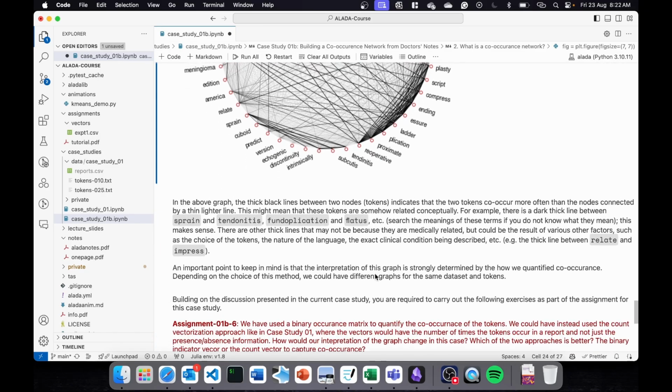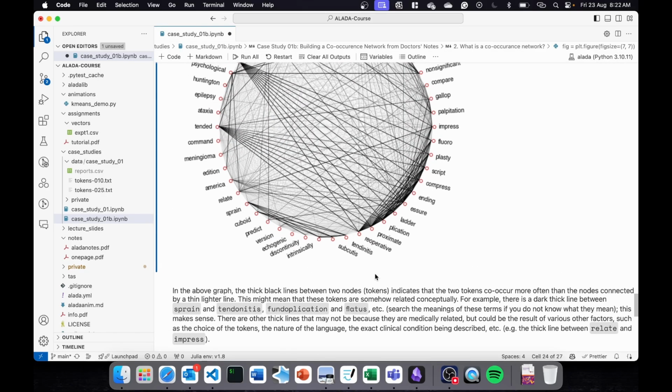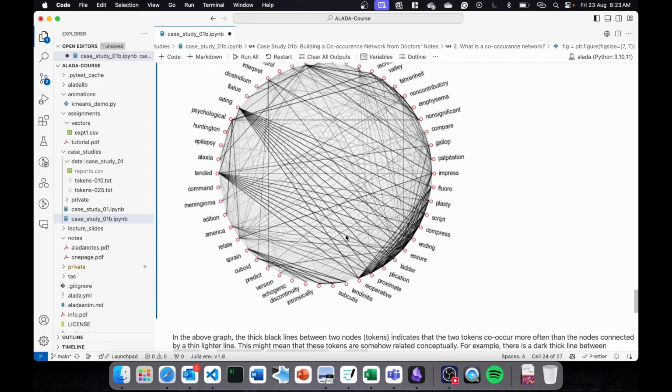A couple of observations you will make: some concepts that might be related actually do have a dark line between them. For example, sprain and tendonitis have a dark line. They are related; you might have tendonitis when you have a sprain. But there are also other concepts that have a strong line but make no sense.